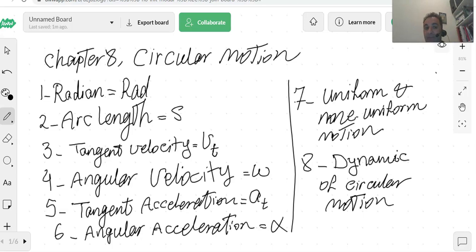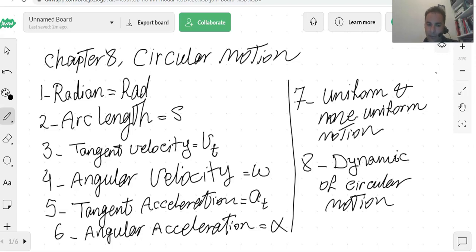So this is tangent velocity. I'll tell you what tangent means. Tangent acceleration: what was acceleration? It was change in velocity divided by time. So tangent velocity and tangent acceleration are the same velocity and acceleration as we learned in kinematics of linear motion, linear axis.